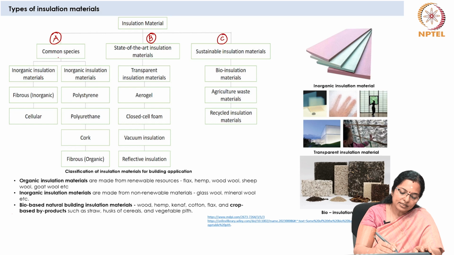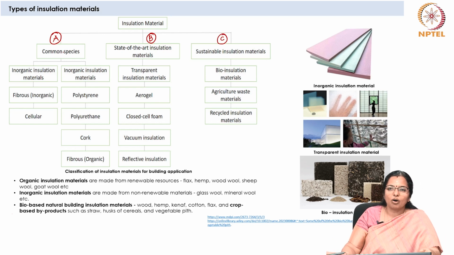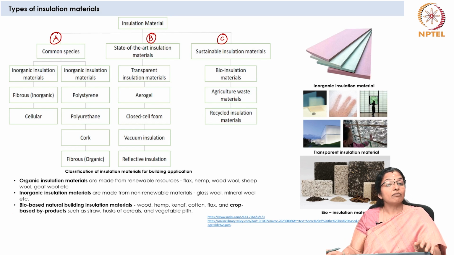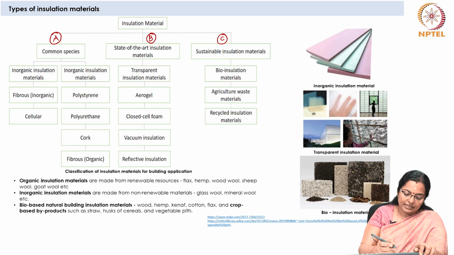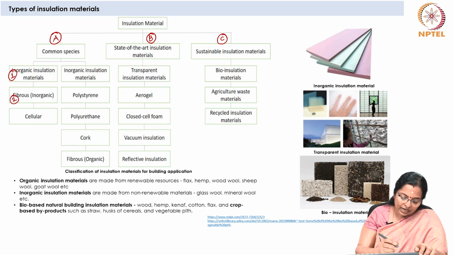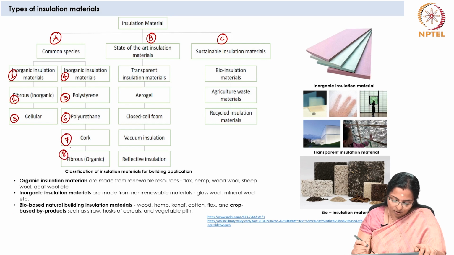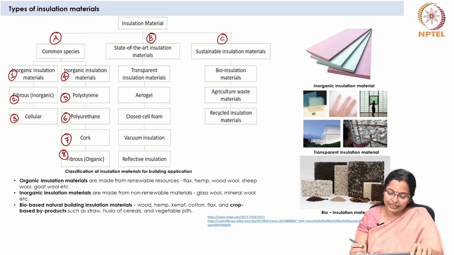Common species are used very commonly, though they are really not encouraged these days because they are not environmentally friendly. They comprise organic insulation materials, fibrous which is inorganic, and cellular. They also comprise inorganic insulation material, polystyrene, polyurethane, cork, and other fibrous or organic insulation material.